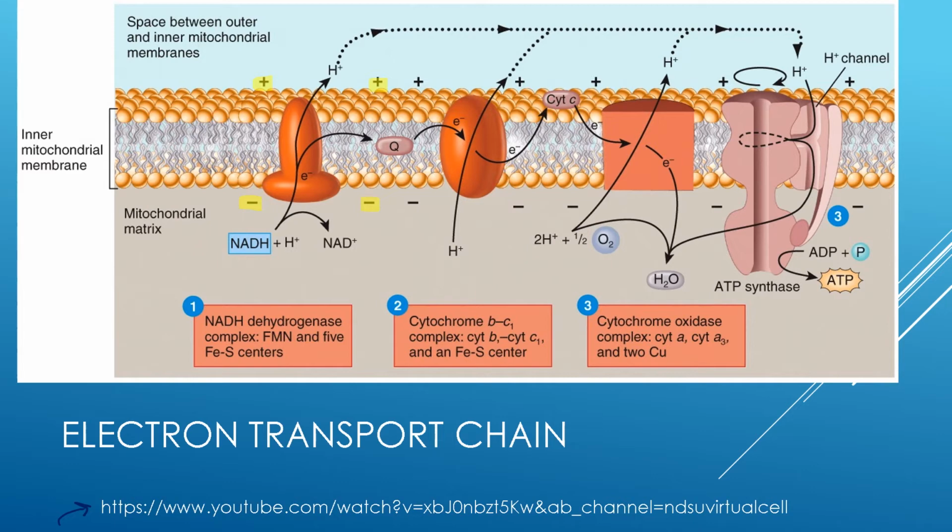And this potential energy created by the electrochemical gradient is called the proton motive force. So proton channels in the inner mitochondrial membrane, specifically ATP synthase, will allow hydrogen to flow back across the membrane, and this is driven by that proton motive force.